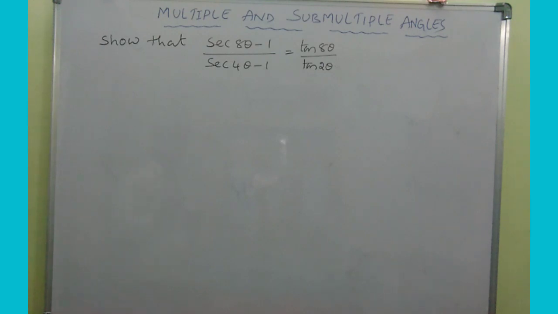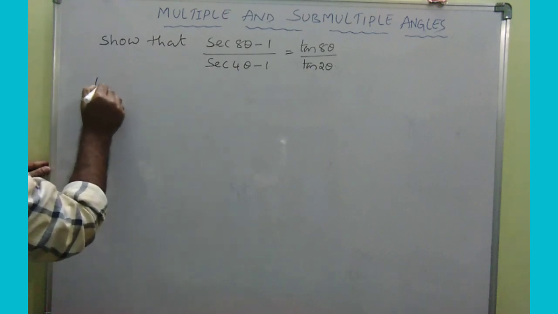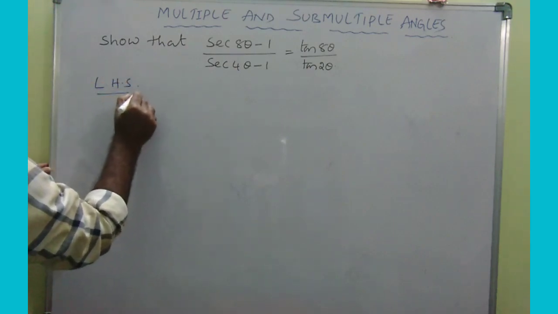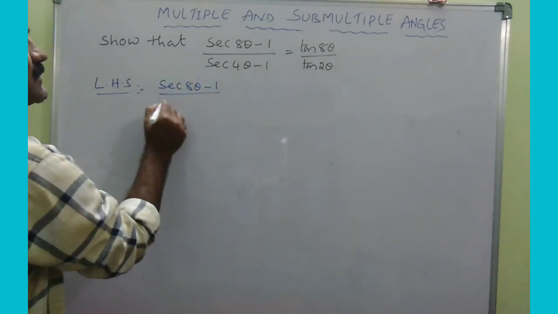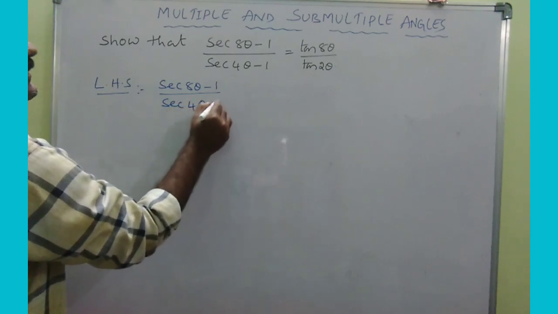So coming to the next question, prove that secant 8 theta minus 1 by secant 4 theta minus 1 is equal to tan 8 theta by tan 2 theta. First consider the LHS. What is given? Secant 8 theta minus 1 by secant 4 theta minus 1.